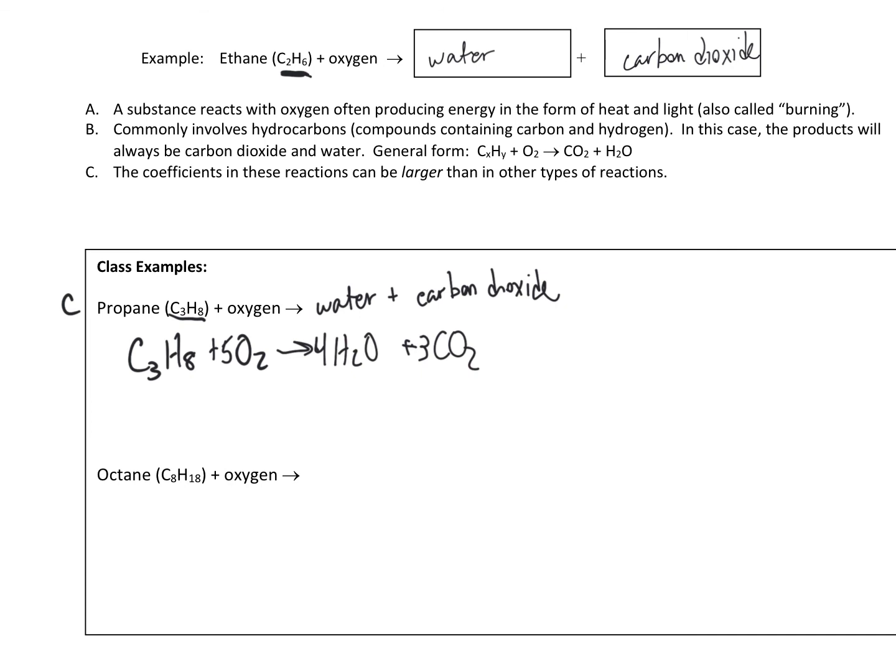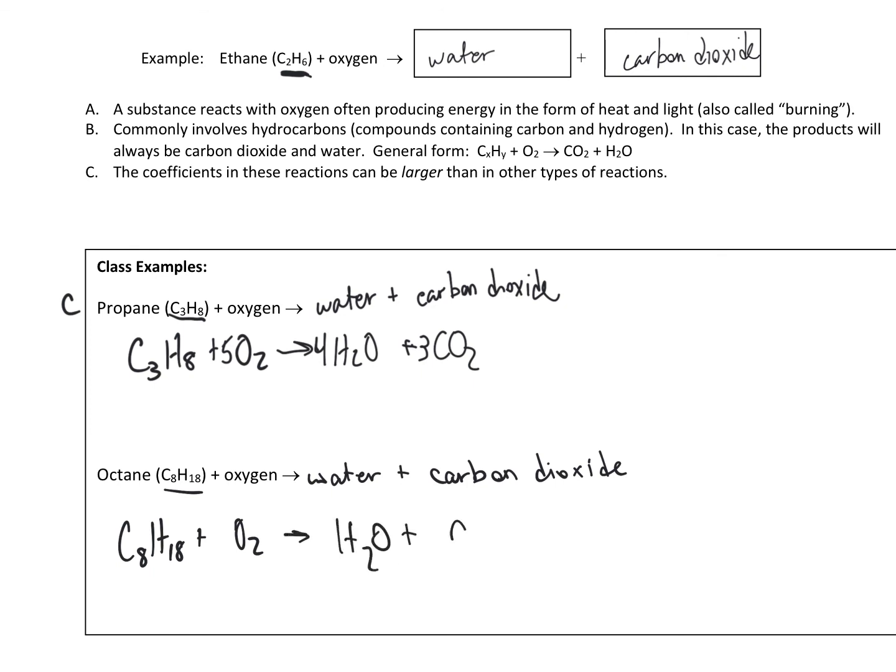Last example here is octane plus oxygen. Again, right away, you know that you have a hydrocarbon plus oxygen, so you can already tell me your products, even without writing the entire chemical equation, are going to be water and carbon dioxide. However, if you do want that balanced chemical equation, it's a simple enough process. You know you're going to make H2O plus CO2.